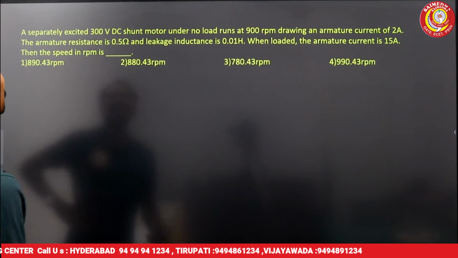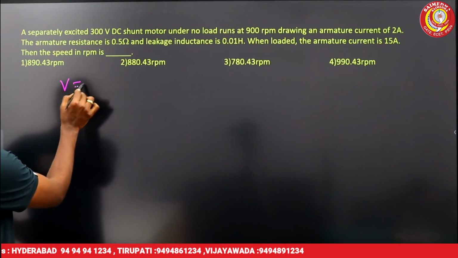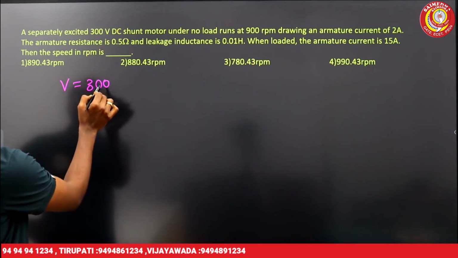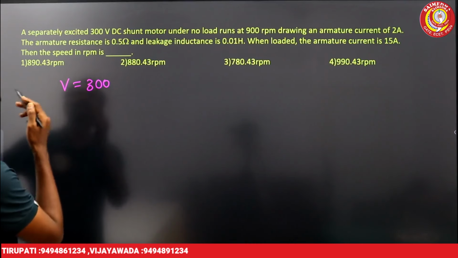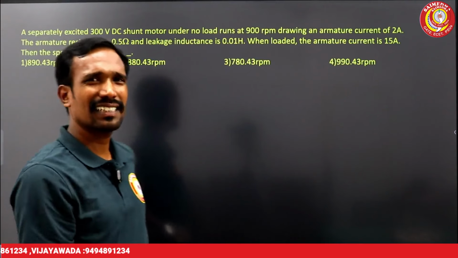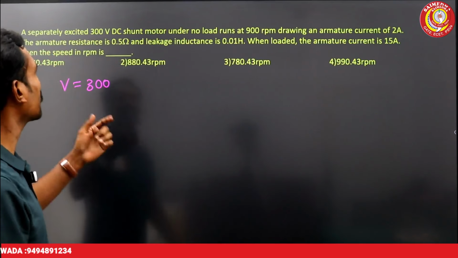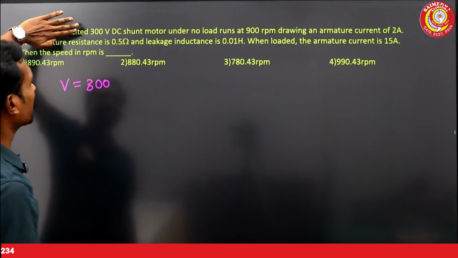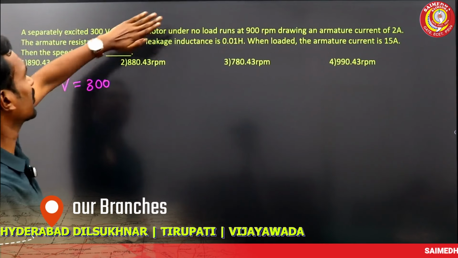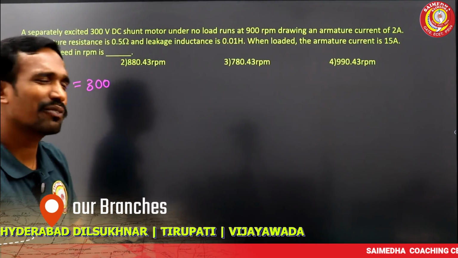A separately excited 300 volts DC motor. Something is fishy; I think this is a separately excited 300 volts motor. Whatever it is, flux is constant.